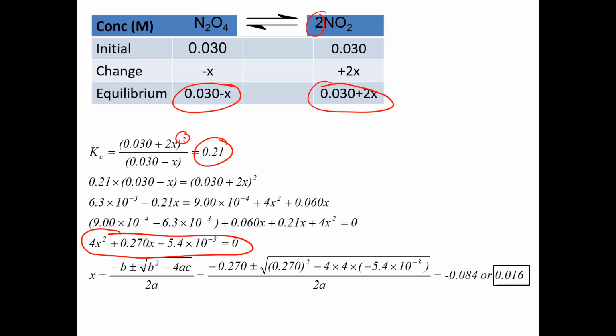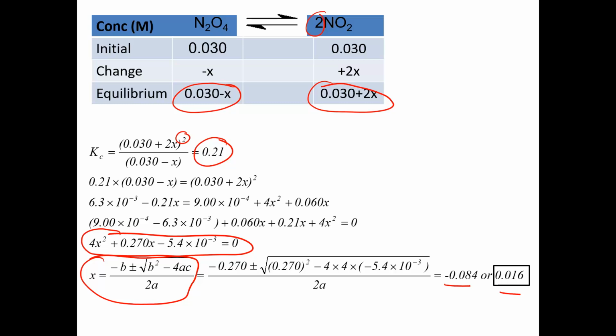We put our numbers into the quadratic formula and solve for our two values of x. And we get two values, one is negative and one is positive.